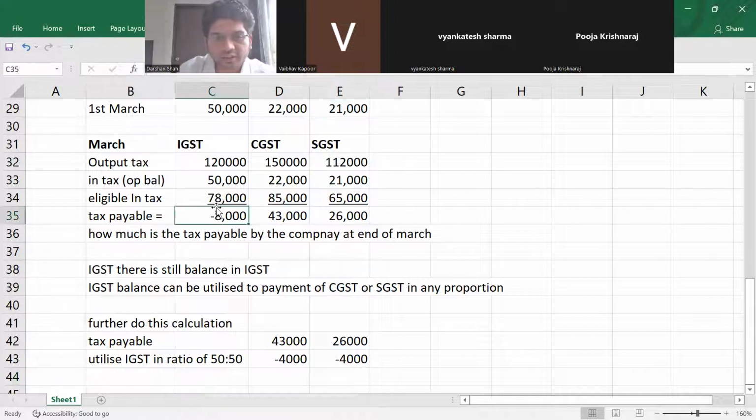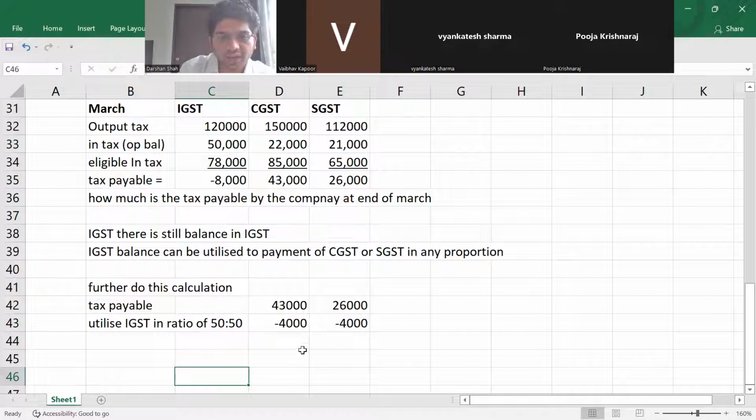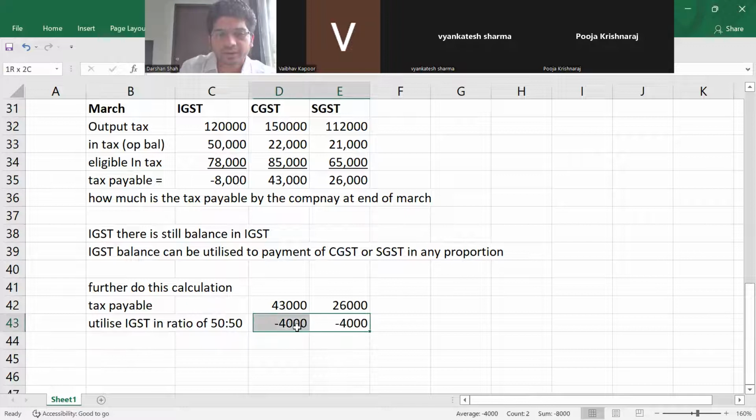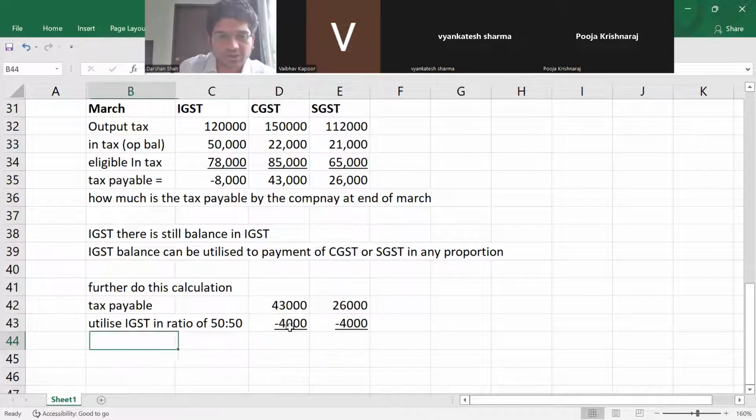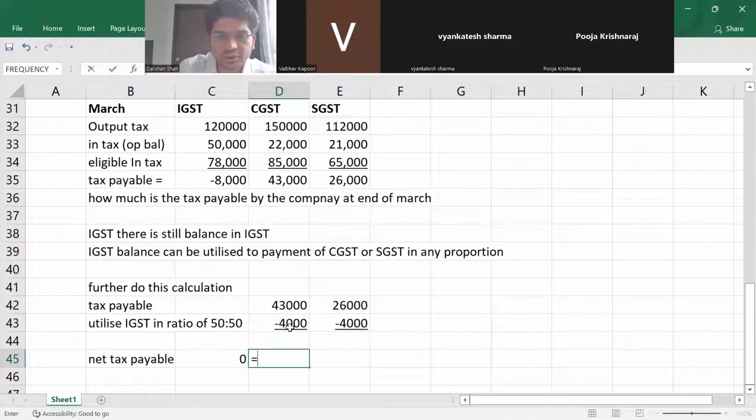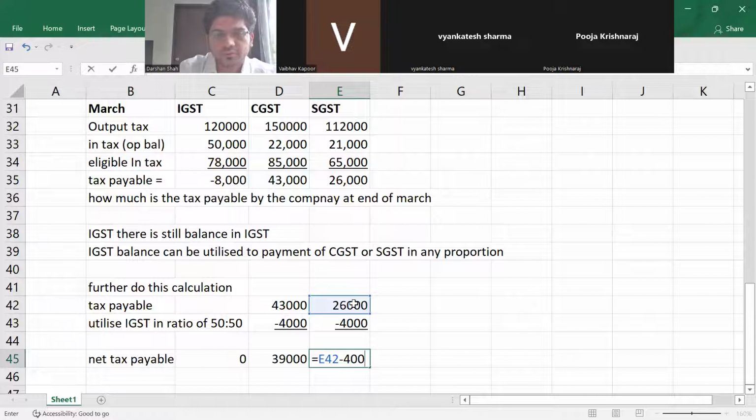So that negative 8,000, I have taken it away and utilized in CGST and SGST. So my final net tax payable will be IGST 0, CGST 43 minus 4,000 and SGST 26 minus 4,000.